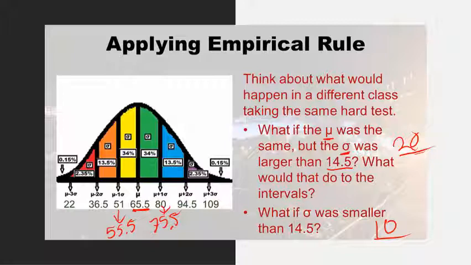You would just work it out in the same way. Basically, if your standard deviation gets smaller, then the width in your chart gets smaller. This curve would start to look like a steeper normal distribution. Whereas when your standard deviation is bigger, it's way wider. So it's more like this.